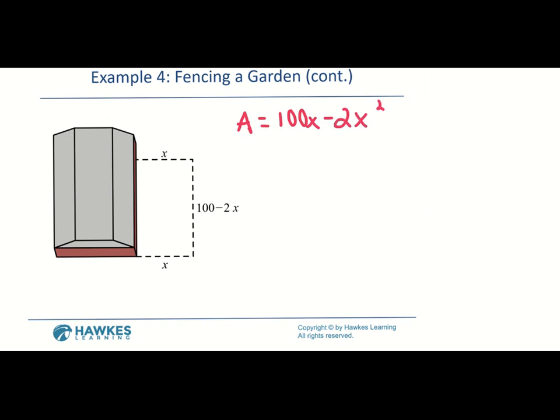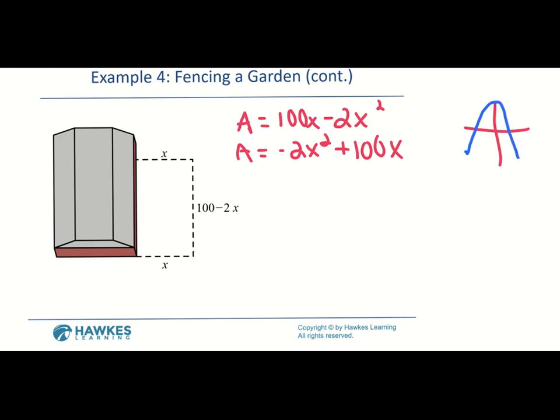Now we're used to seeing this in standard form, so we could make it -2x squared plus 100x if that helps.